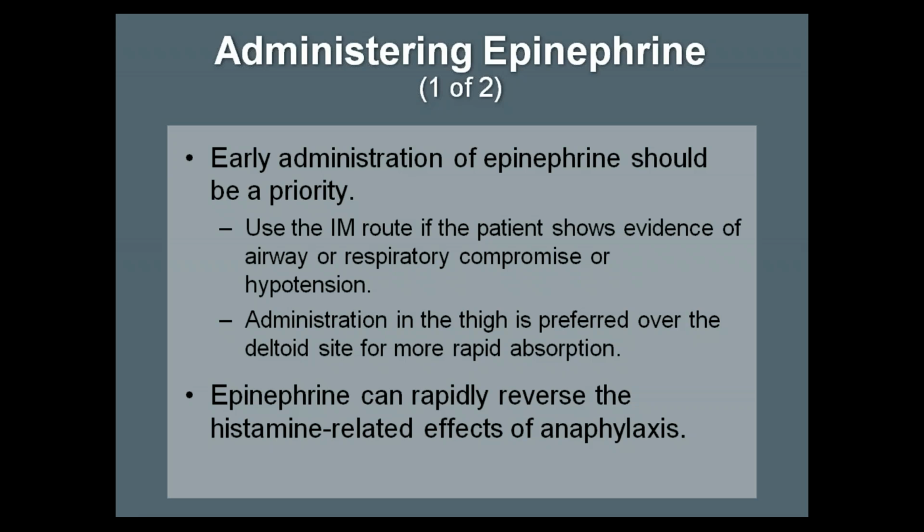This says the epi can rapidly reverse the histamine-related effects of anaphylaxis. So it doesn't affect the histamine, but it affects the histamine-related effects, if that makes sense. So it reverses the bronchial constriction, it reverses the vasodilation.